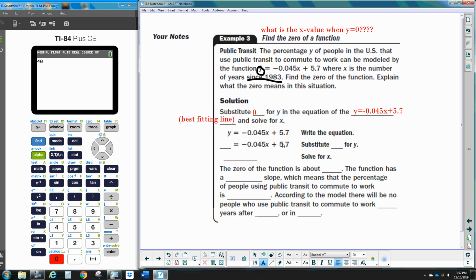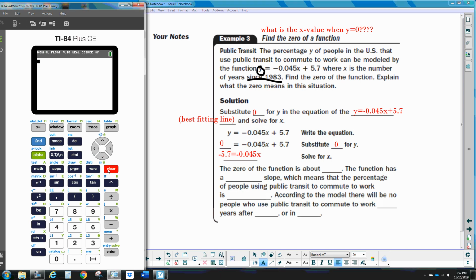Okay, so we have our equation. We're going to substitute 0 in for y, and now we're going to solve for x. So to solve for x, we have to subtract 5.7 from both sides. Negative 0.045x is equal to negative 5.7.